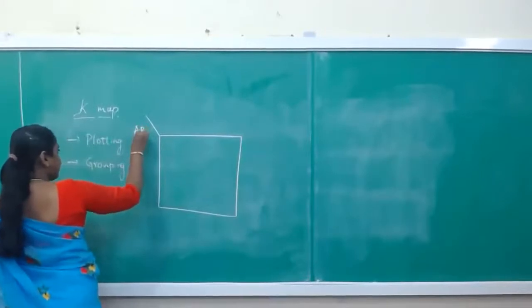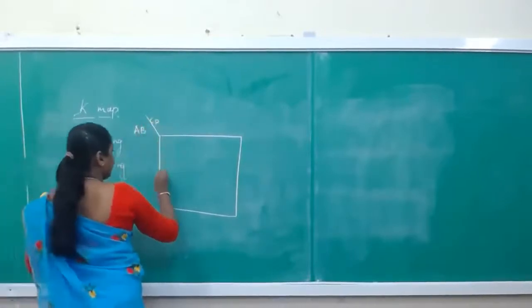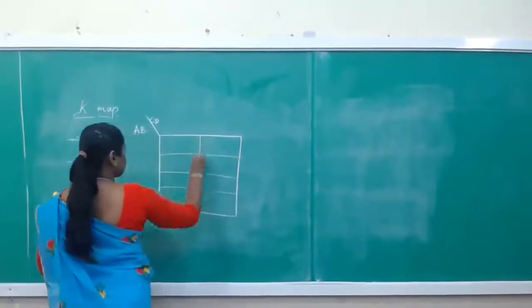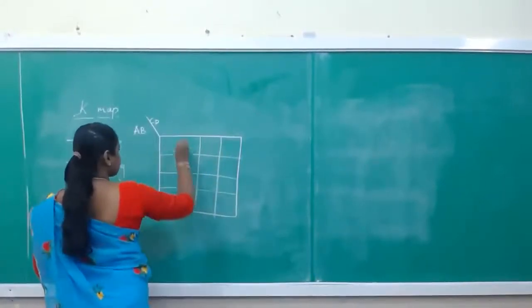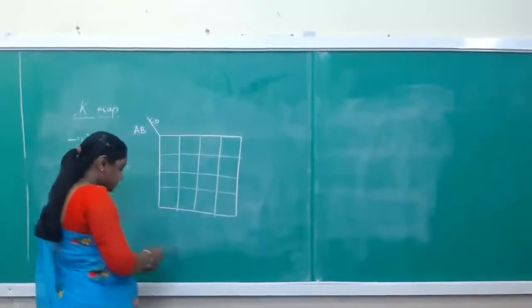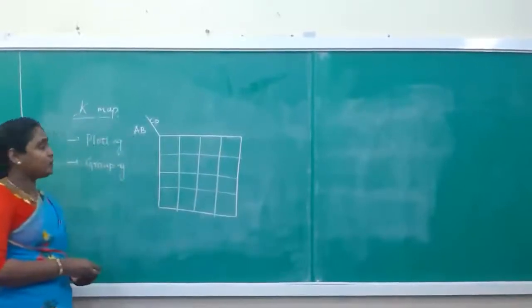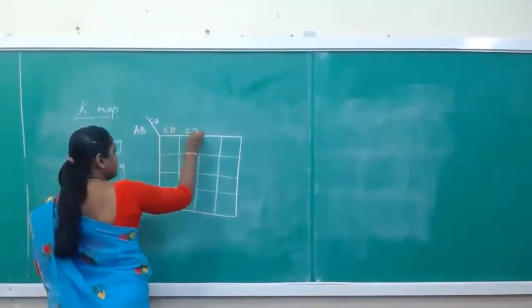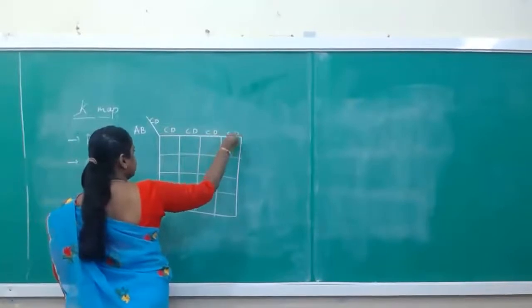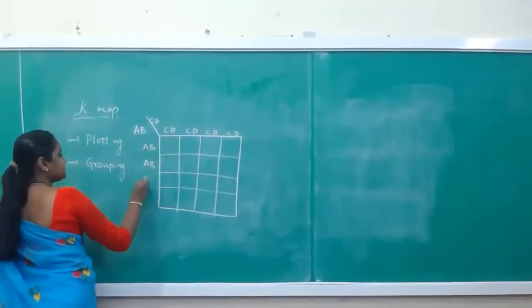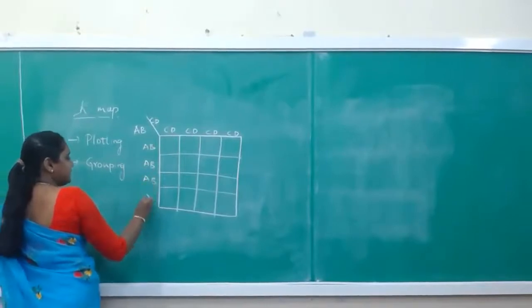A, B, C and D. Okay. So this is how the layout is drawn. While writing, first write down CD, CD and CD, AB, AB, AB and AB.